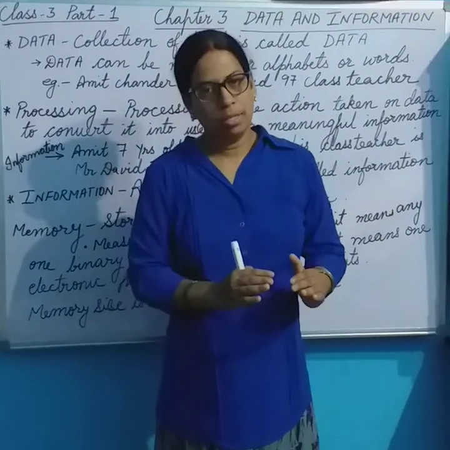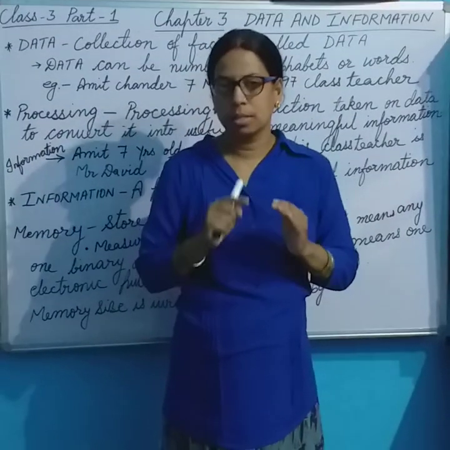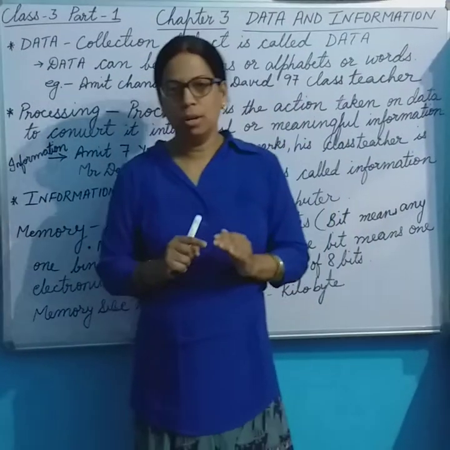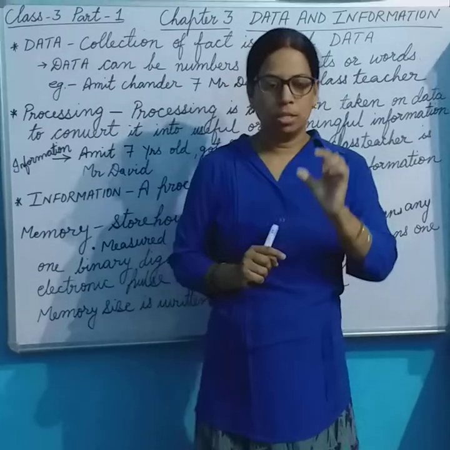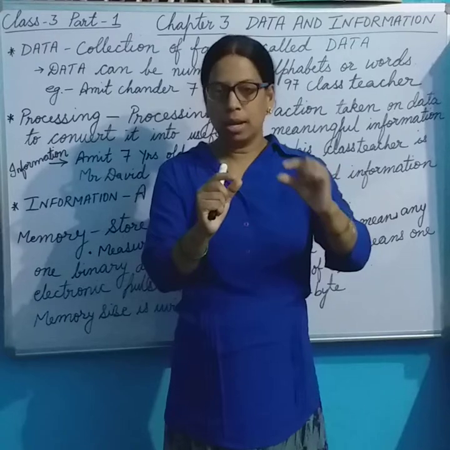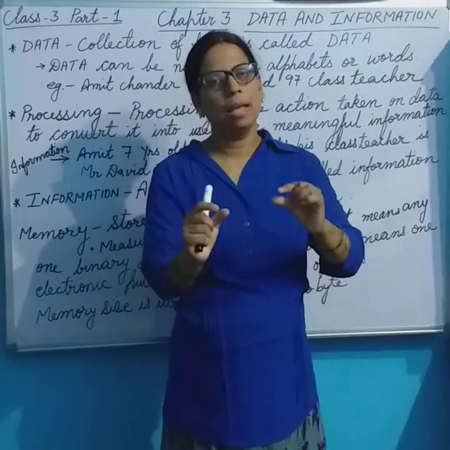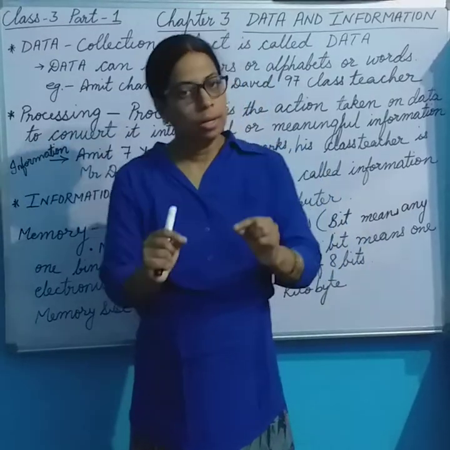He or she will sit and then check whose marks is the highest in maths. And then the monitor will write the particular name, the particular marks and the roll number of the child who has got the highest mark, and then that will be presented to the teacher.